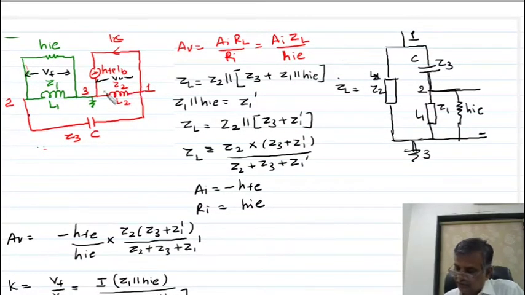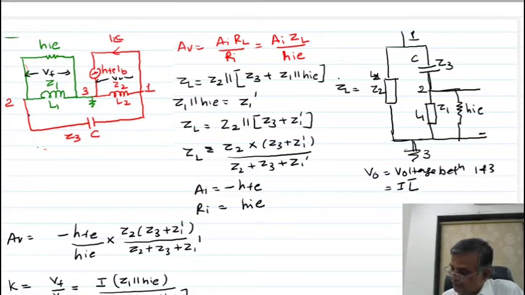So between 1 and 3 voltage is developed. So the output voltage VO is nothing but the voltage between 1 and 3, which is the current multiplied by Z3 plus Z1 parallel HI.